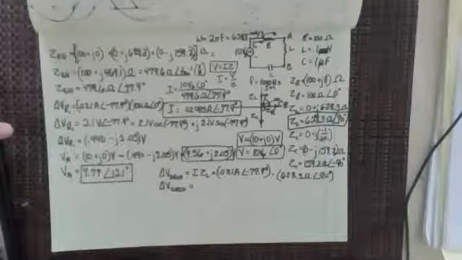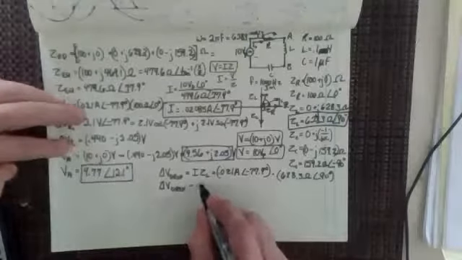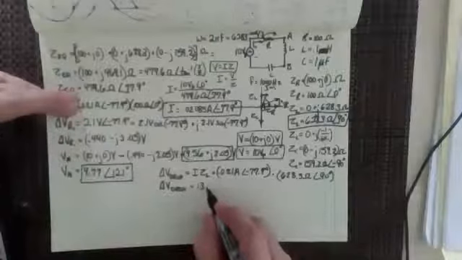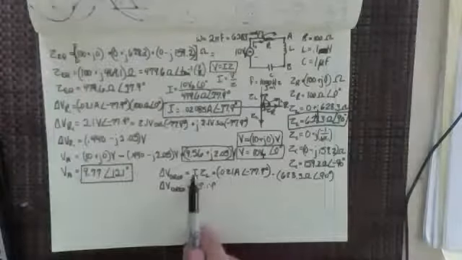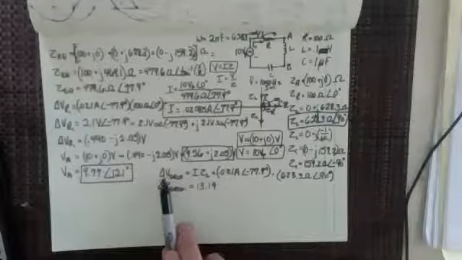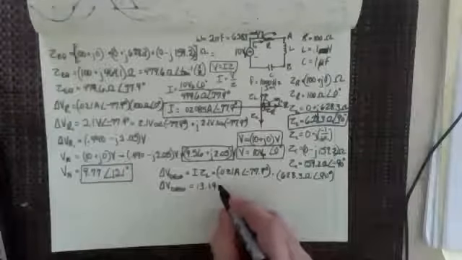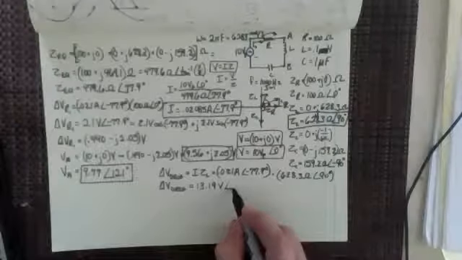So let's multiply those two things together. 0.021 times 628.3, and that gives us 13.19. And 13.19 what? Well, okay, current times impedance gives me voltage, right? So 13.19 volts. And what's the angle that we're going to have?